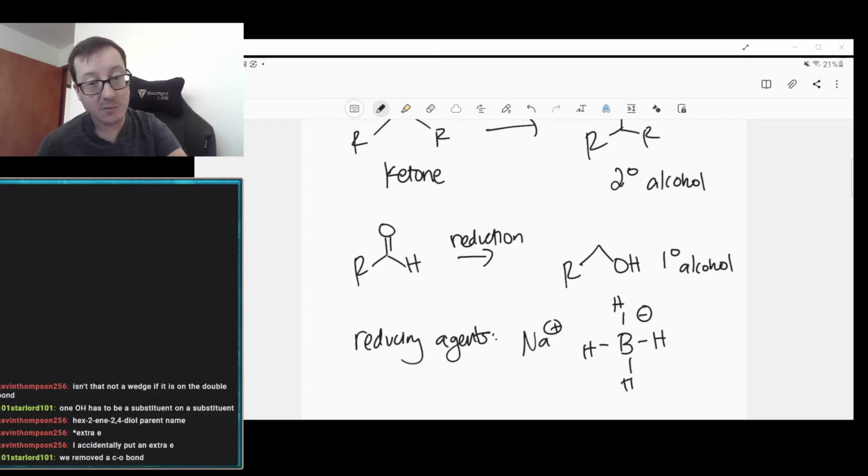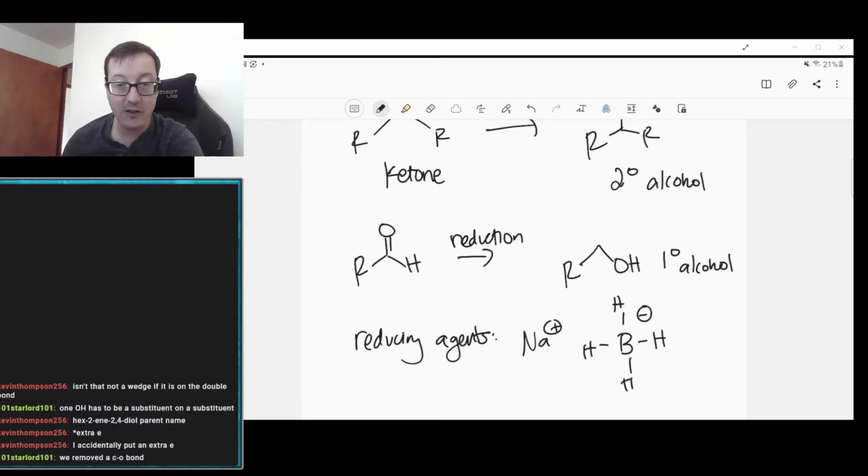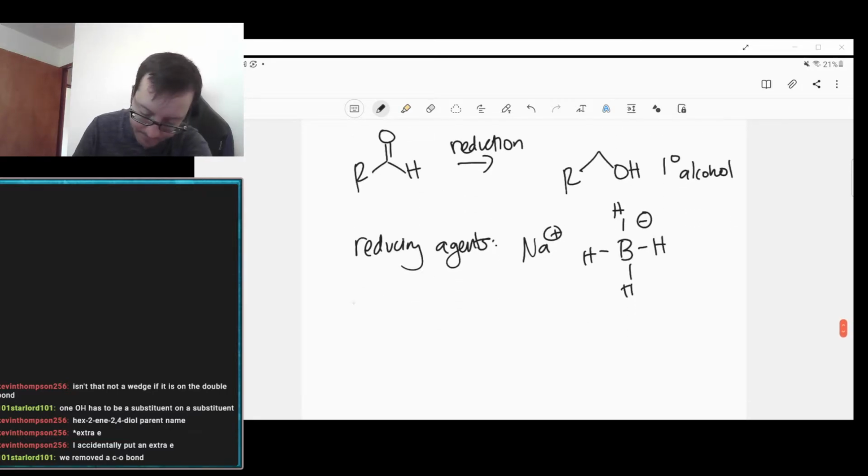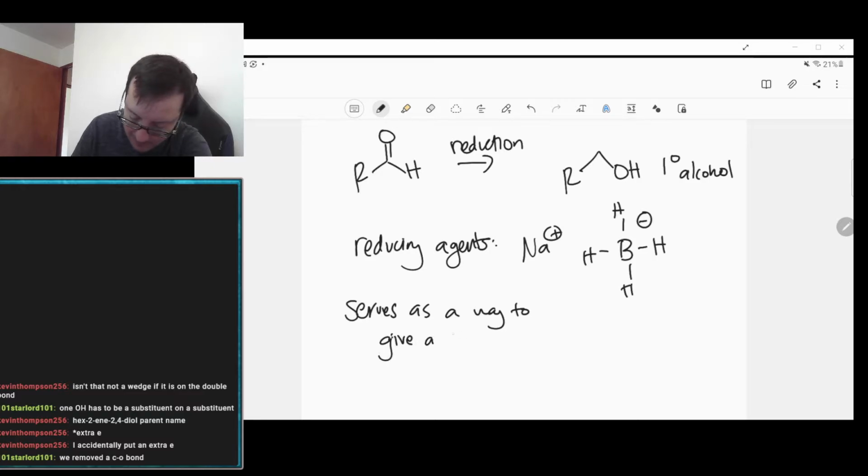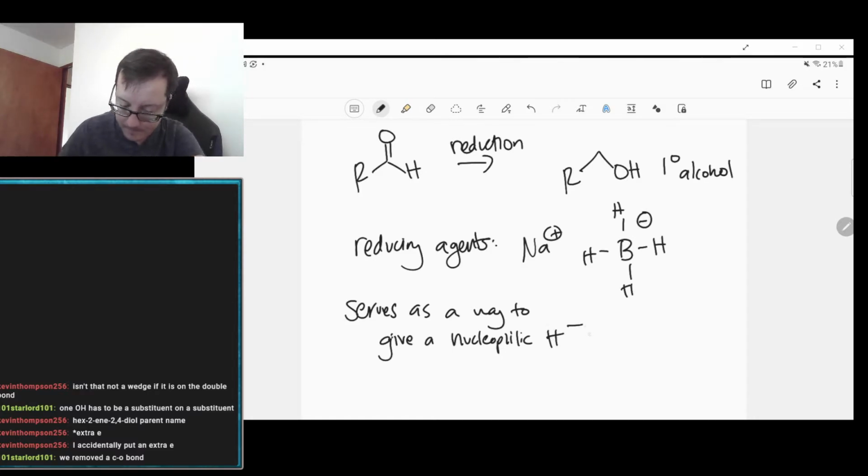We're going to see that, just like before, this serves as a way to give a nucleophilic hydride. So remember H minus by itself, as in sodium hydride or potassium hydride, is not nucleophilic.